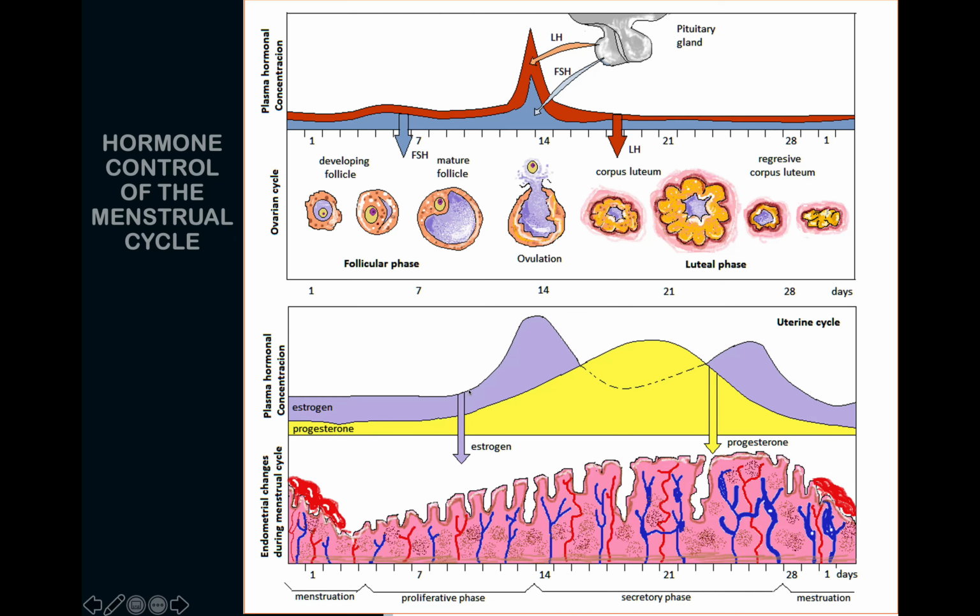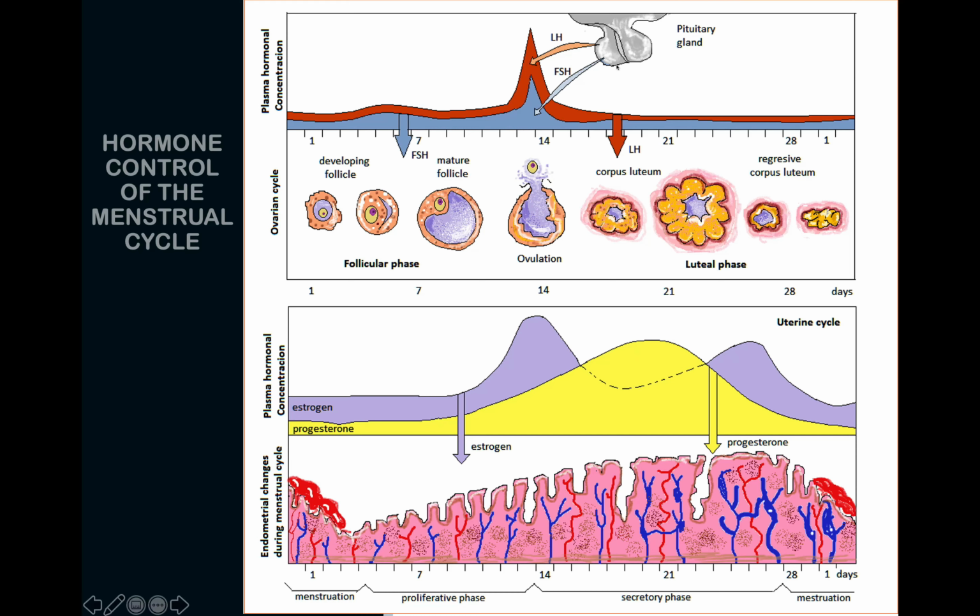Now, the high levels of estrogen, right? Just before day 14, what's going to happen? This estrogen is going to now stimulate the pituitary gland or the hypophysis to start secreting another hormone, now called LH, which is the luteinizing hormone.